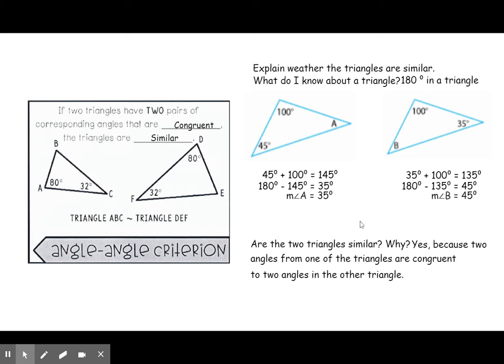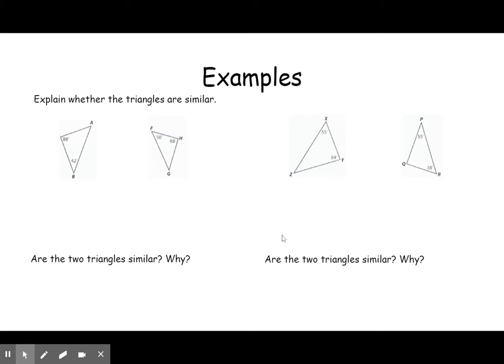Now let's look at a couple of examples. What I'm going to do here is write a similarity statement. Here I've got triangle ABC is similar to, that squiggly line means similar, triangle FGH.